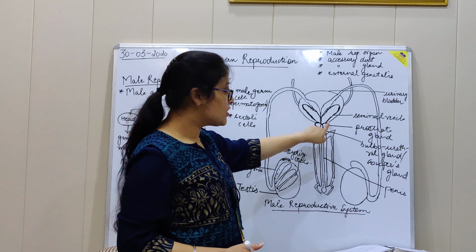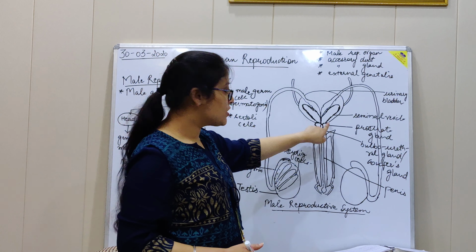Because the production of sperms requires a temperature slightly lower than the body temperature, approximately 2 to 2.5 degrees Celsius lower, and the scrotum provides it; deep pigmentation lowers the temperature. That's the reason the male reproductive organ lies outside the abdominal cavity in a pouch-like structure known as scrotum.